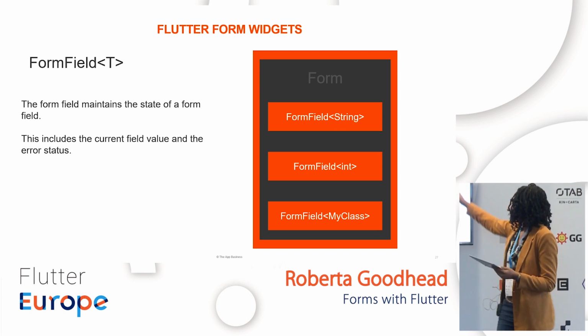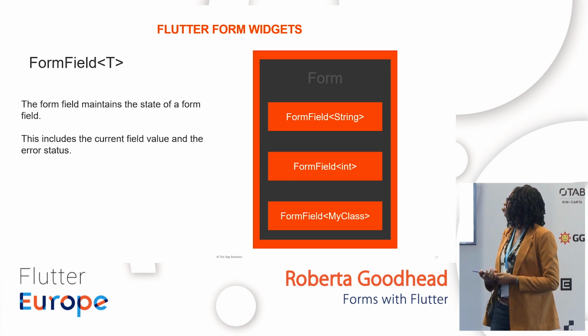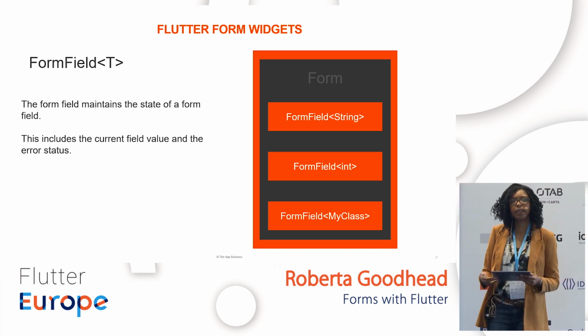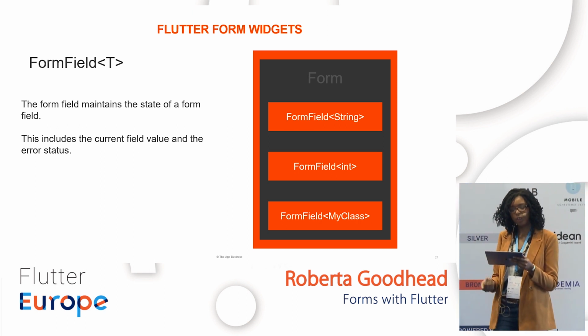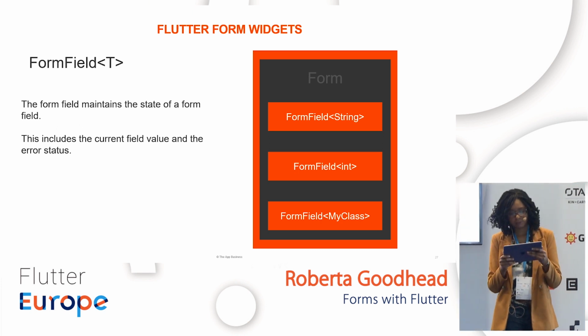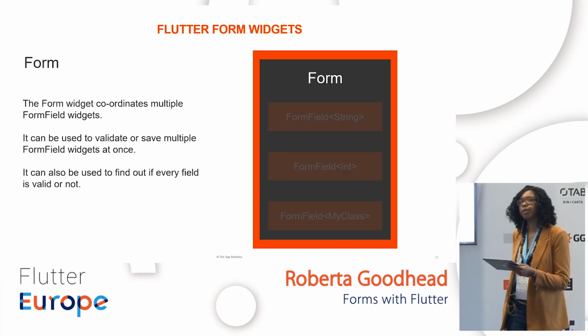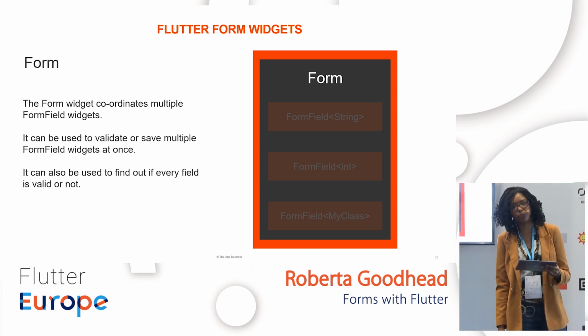Just to elaborate on the form field widget, the form field maintains the state of the form field, and it stores data such as the current value and the validity, so whether the field is valid or not. The form itself coordinates multiple form field widgets.